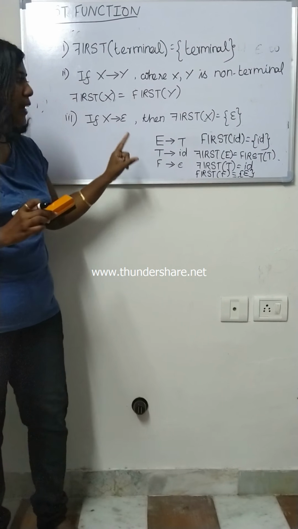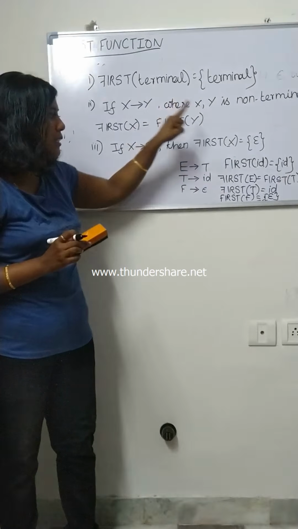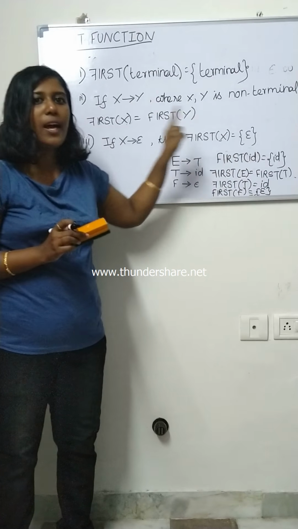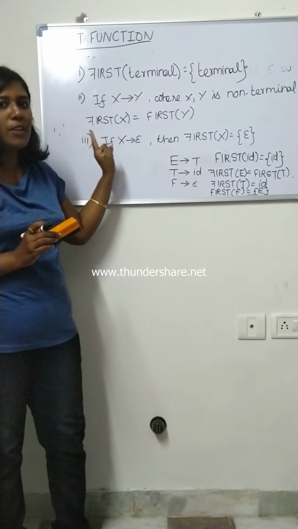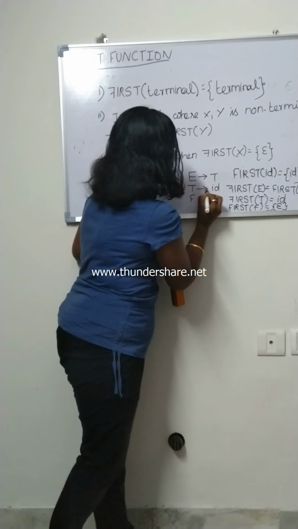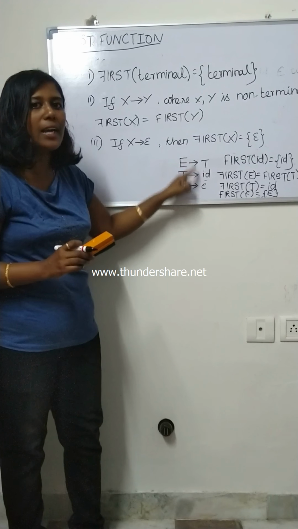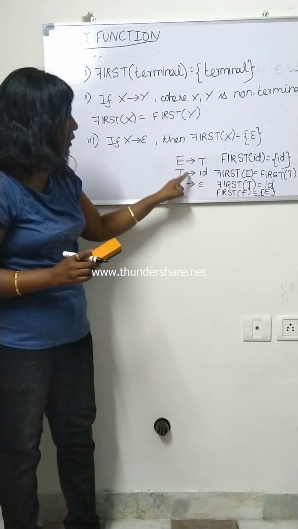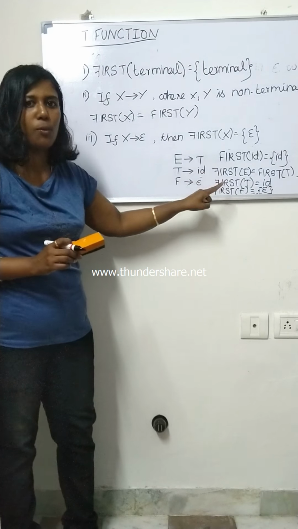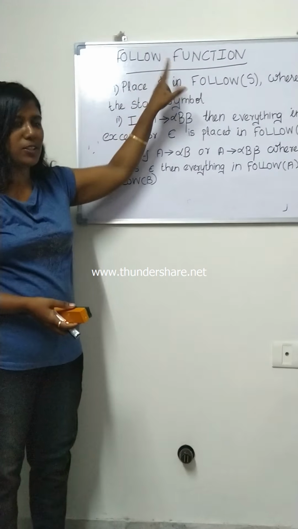So whenever we are finding first of a terminal, it is always the terminal, and for a non-terminal we look at the first character after the arrow, and if it is a non-terminal, again we repeat, and if it is a terminal, we stop.